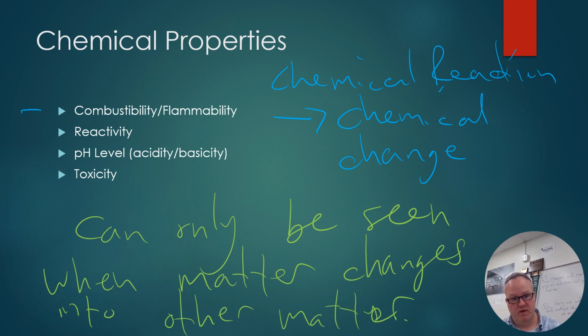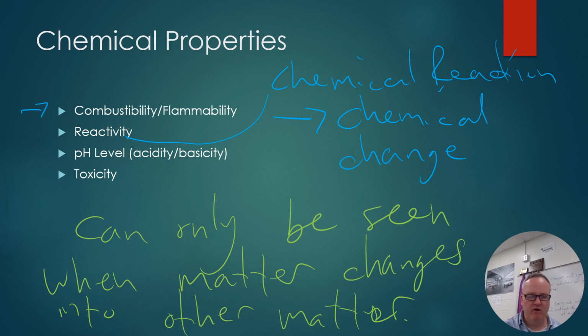A couple of these are combustibility and flammability. This is the ability to burn. Reactivity means the ability to have a chemical reaction. Not everything is reactive. Even water is reactive with sodium. Okay, pH level, that's basically going to tell you whether something's an acid or a base.